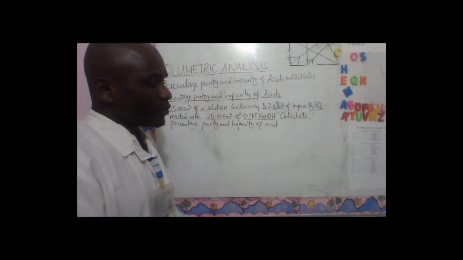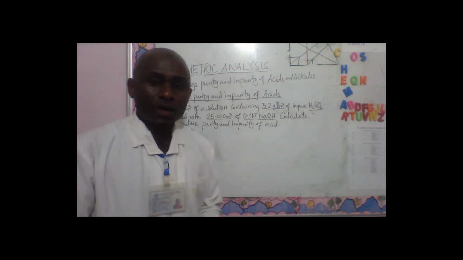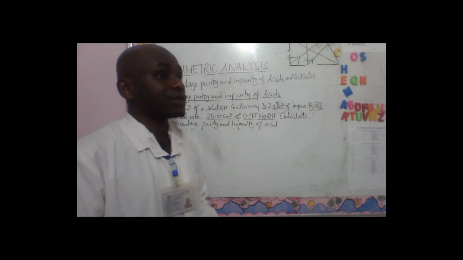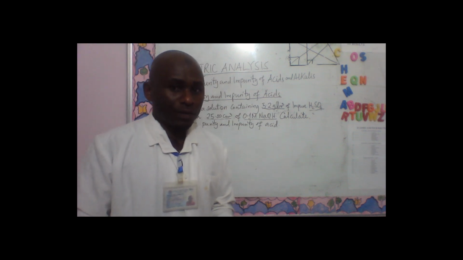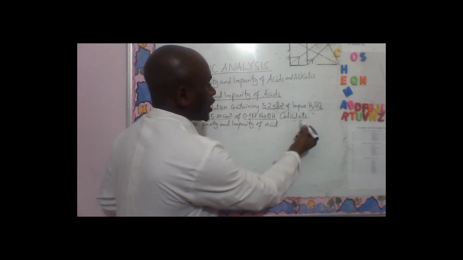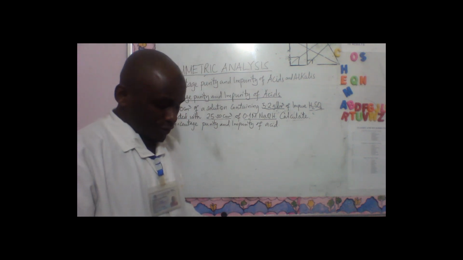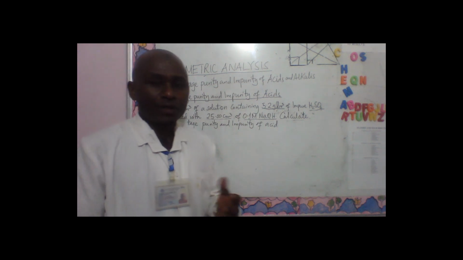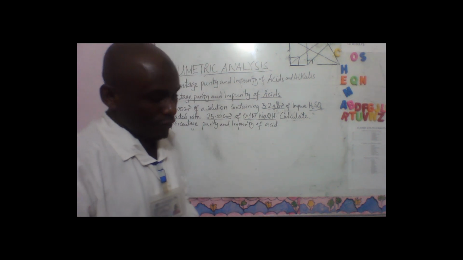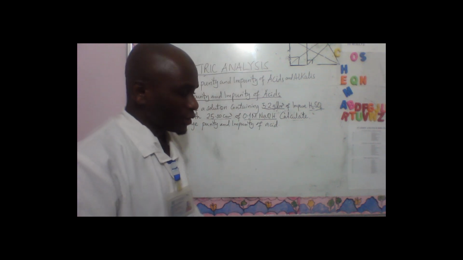This is what is required when we are calculating the percentage purity and the percentage impurity of the acid. So our question requires us to calculate the percentage purity and impurity of the acid. We have data here, so we can utilize that data to perform our calculations.